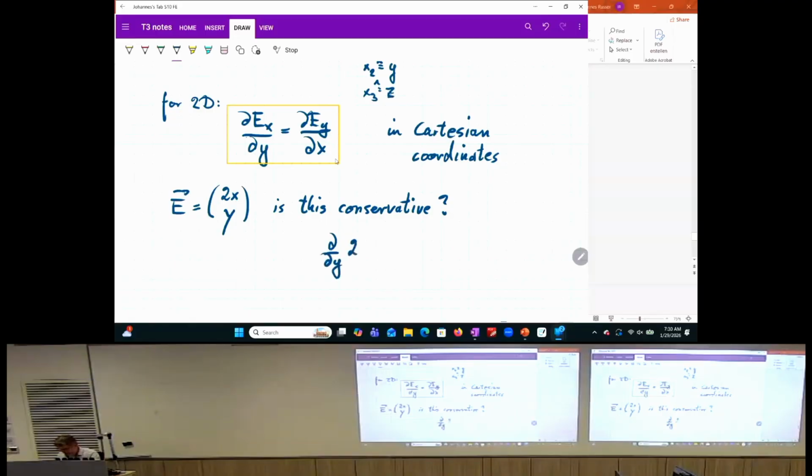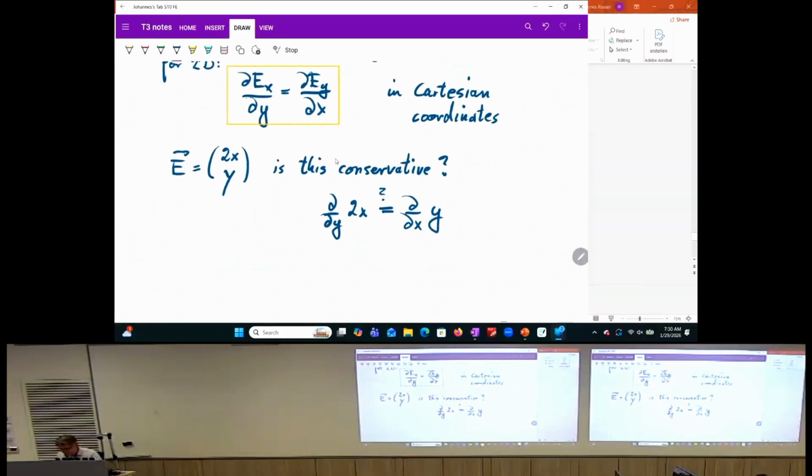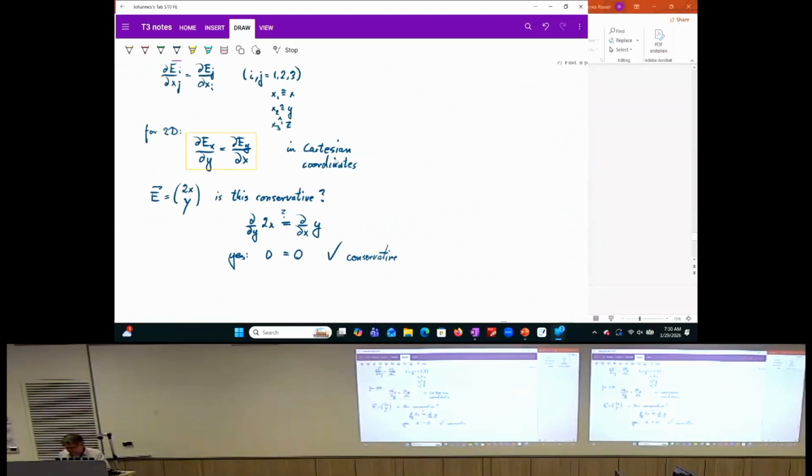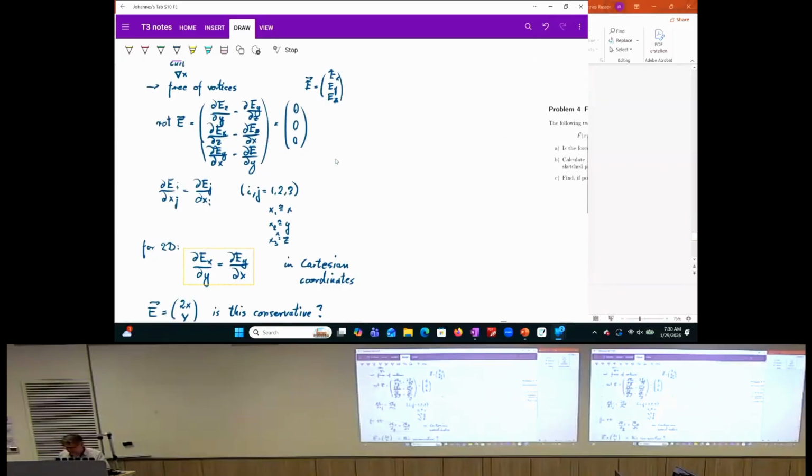And we take the y component and derive it with respect to x. So what do we obtain here? This is 0. This is 0. Yes, it is working. Conservative. So this is how you check whether something is conservative.